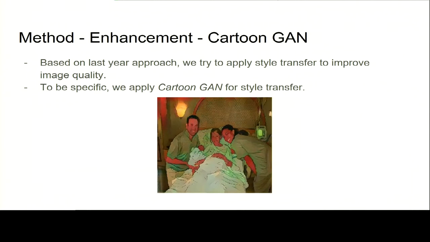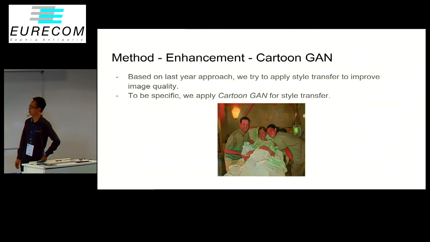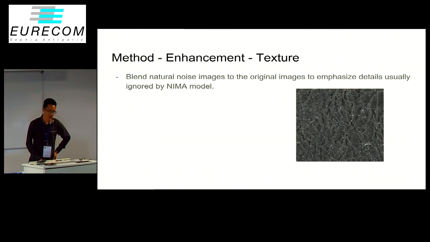The fourth way to enhance the image is CartoonGAN, where the NIMA score is actually higher. So they observed that the NIMA score may be more sensitive to images that are more fancy and non-photorealistic. They thought of another way: applying a texture onto the image.